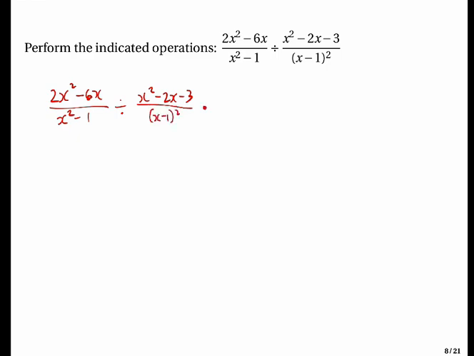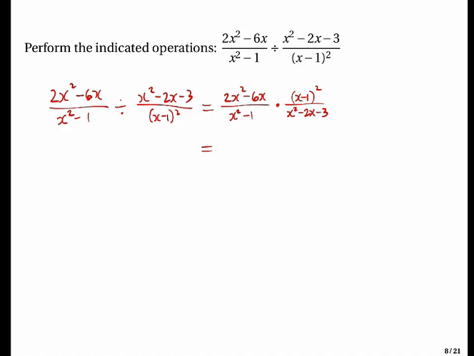So first step, we rewrite it as a multiplication. We have 2x squared minus 6x divided by x squared minus 1 times, since it's multiplication, we have to get the reciprocal of this: x minus 1 quantity squared divided by x squared minus 2x minus 3. Then we factor everything that we can factor, and we will see if we can cancel some expressions.